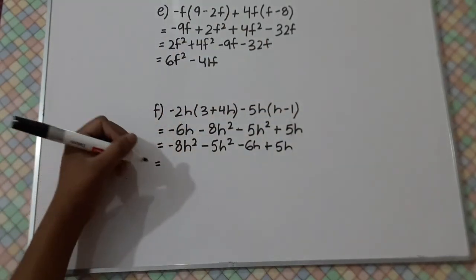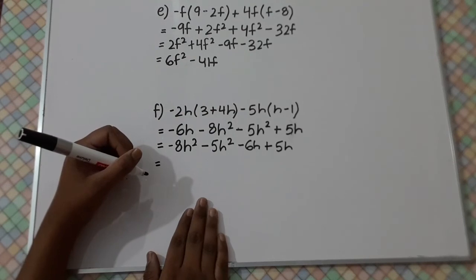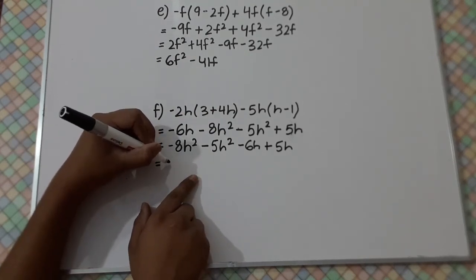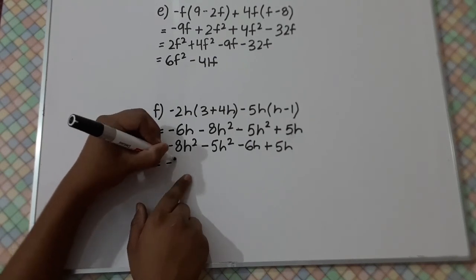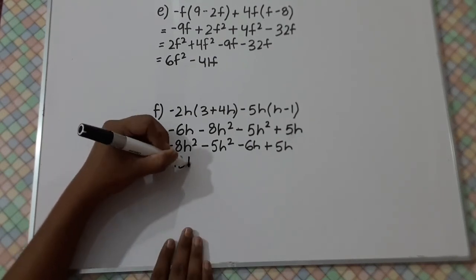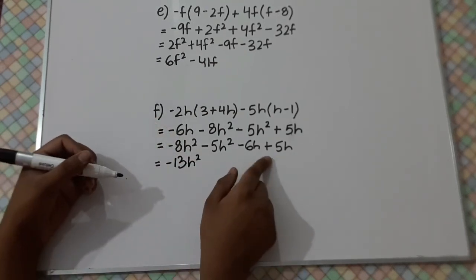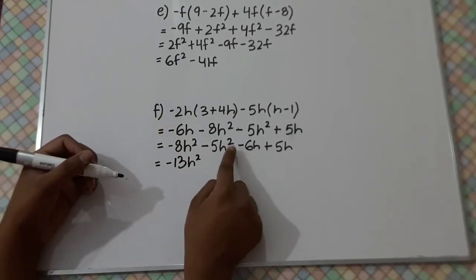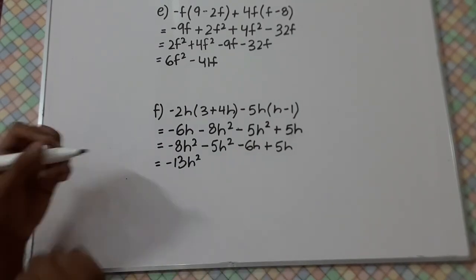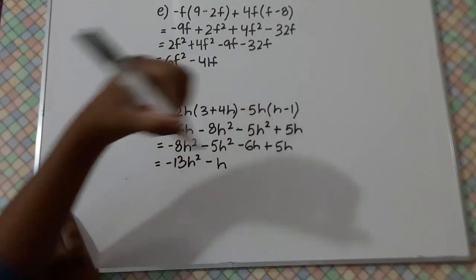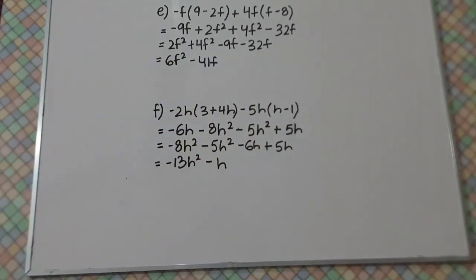Now minus 8h square minus 5h square, so it would go to 13 and we are having a negative sign over here, so it would be minus 13h square. So minus 6h plus 5h is minus h. 13h square minus h would be the final answer.